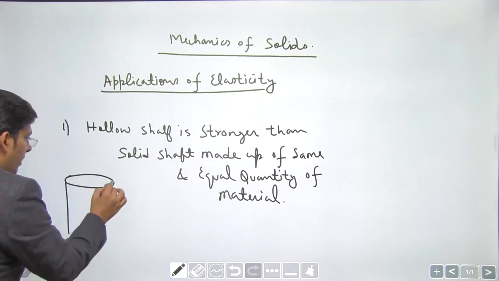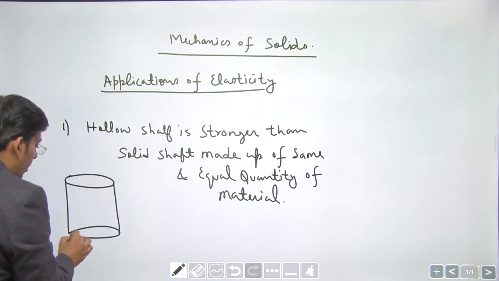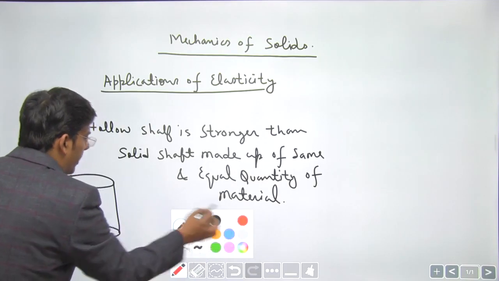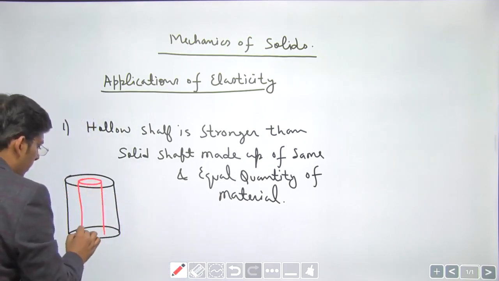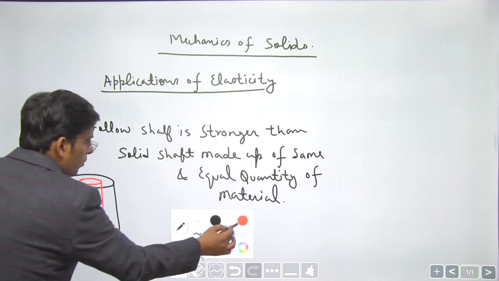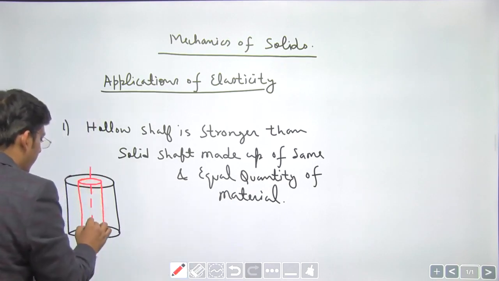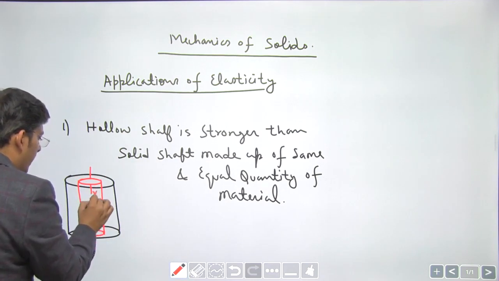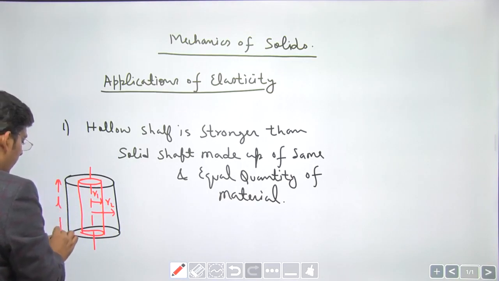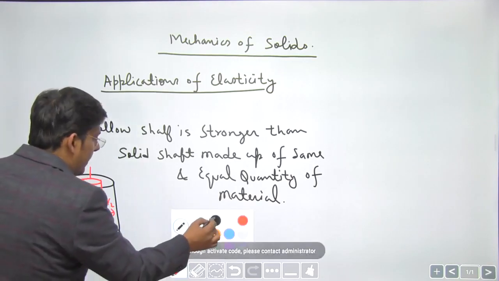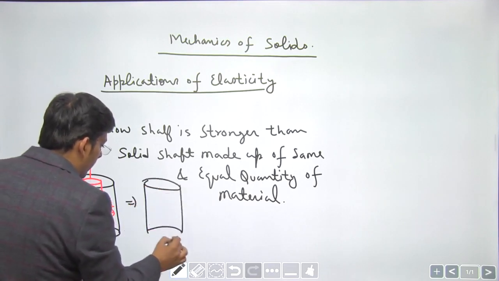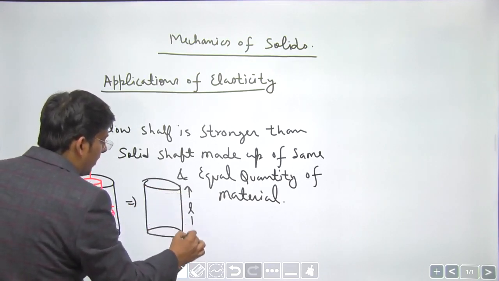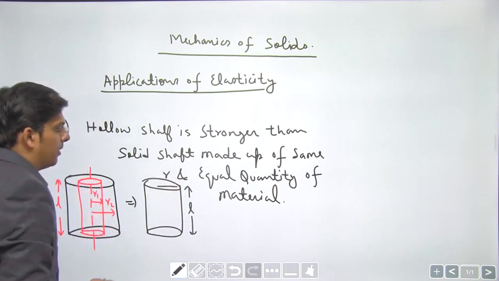So how do we compare the torsional rigidity of a hollow shaft and a solid shaft? We are not going to derive that formula, right? So the inner radius being R1, outer radius being R2, length of the shaft being L, right? And if it is melted and recast into a solid shaft of radius R, that means they are made up of the same quantity of material and the same material, right?